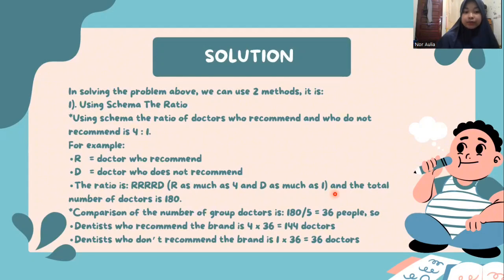The total number of dentists is 180. Dividing, 180 divided by 5 equals 36 people per group. So the dentists who recommend the brand are 4 times 36 equals 144. And dentists who do not recommend the brand are 1 times 36 equals 36.